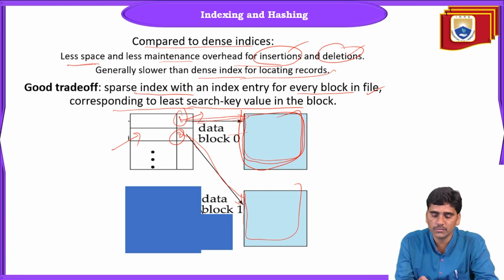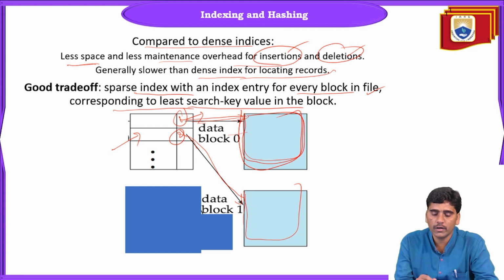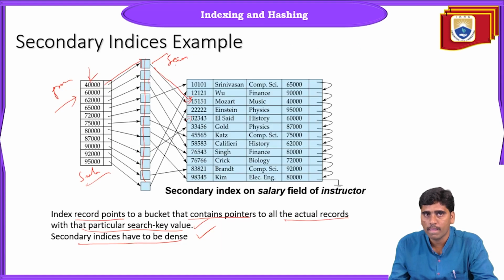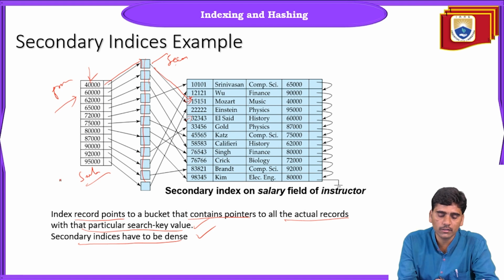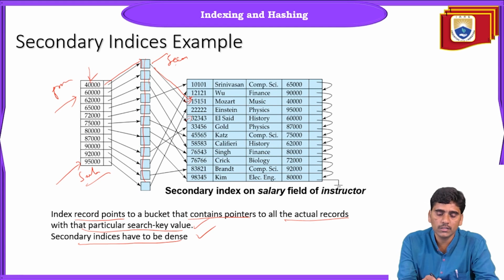A sparse index has an index entry for every block in the file, corresponding to the least search key value in the block. Now the secondary indexes example. Instead of using all these primary indexes, it uses secondary indices, mediator indices.